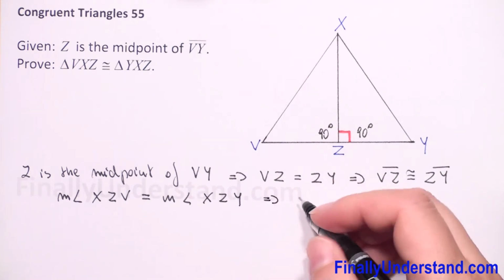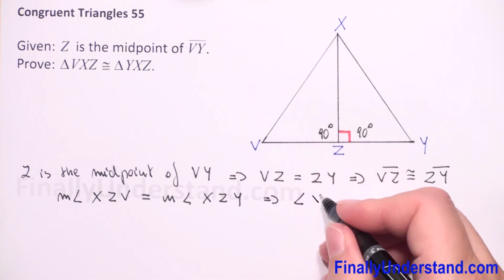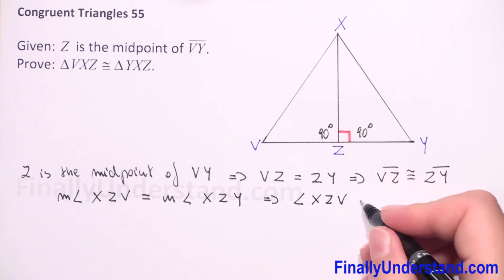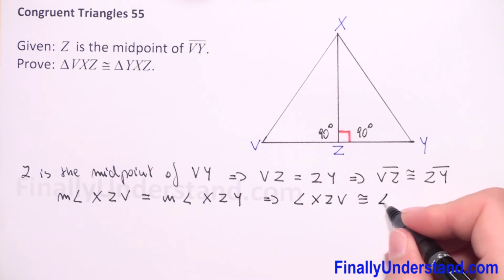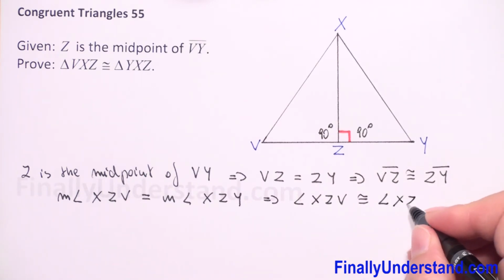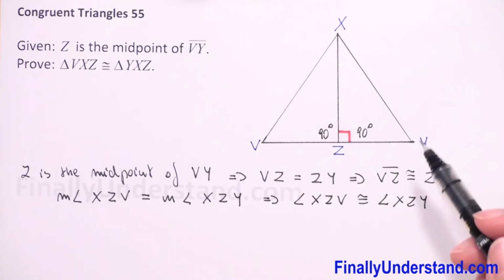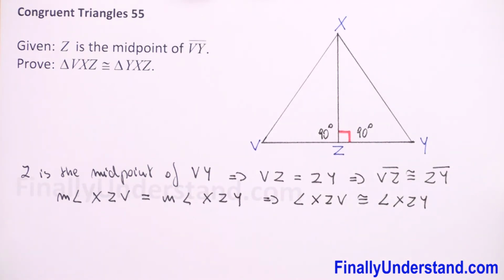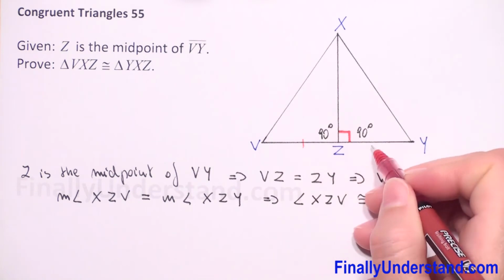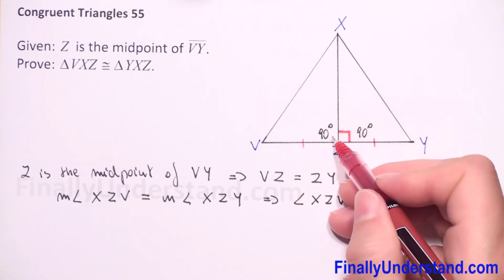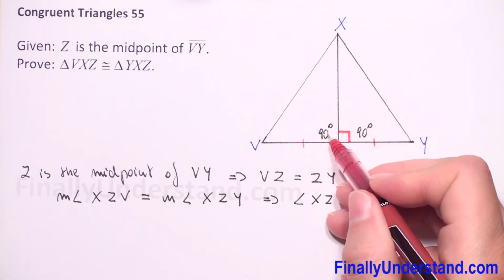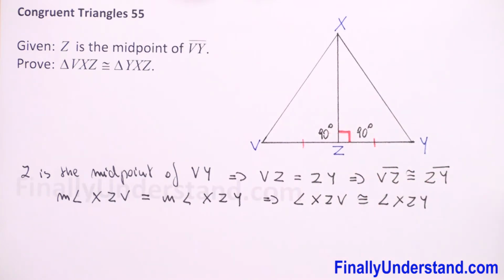It means that angle XZV is congruent to angle XZY. So we have given that these two sides are congruent and this angle and that angle are congruent.